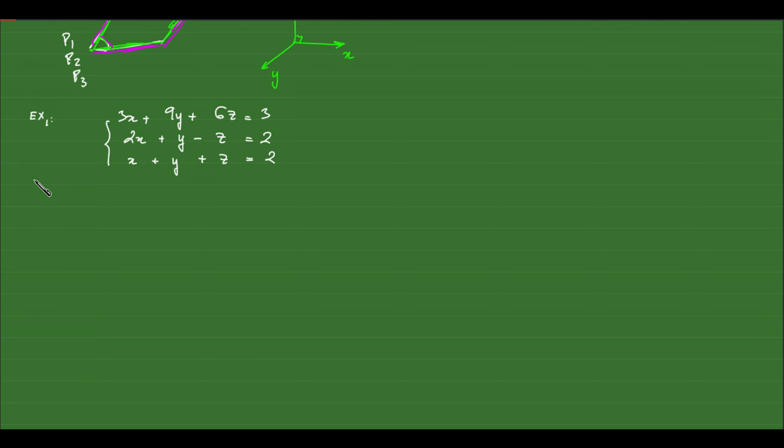Let's see, do we do substitution or elimination here? Over here we have plus and minus already. If we add these two equations, the second and the third, we can eliminate the z.